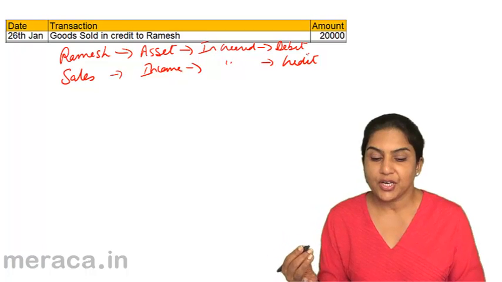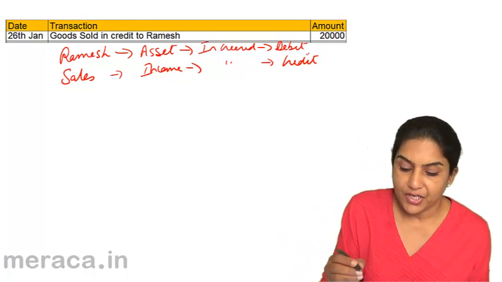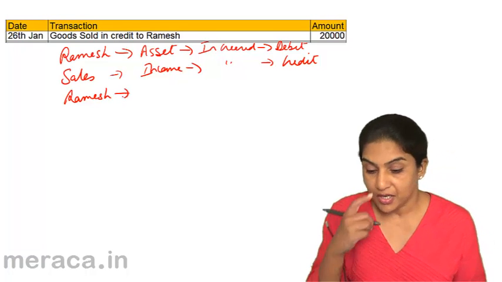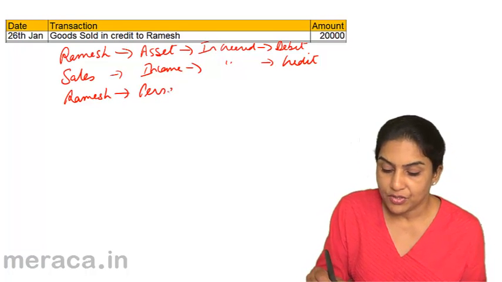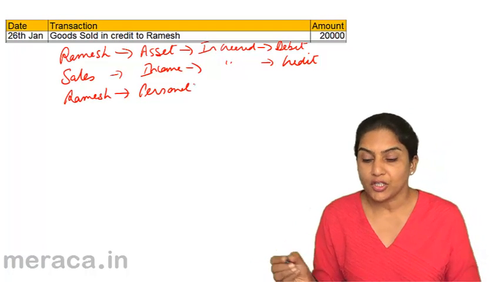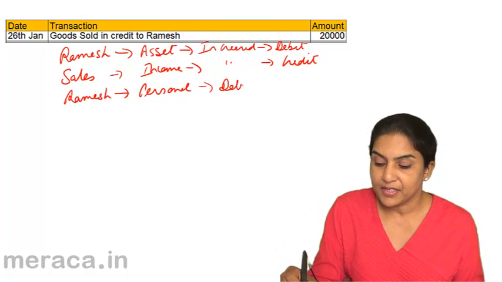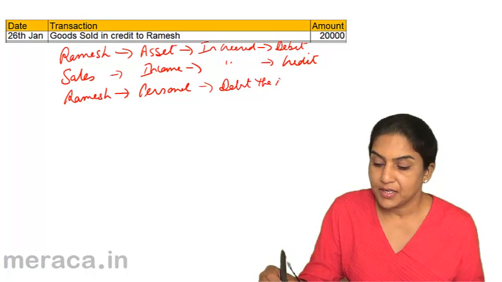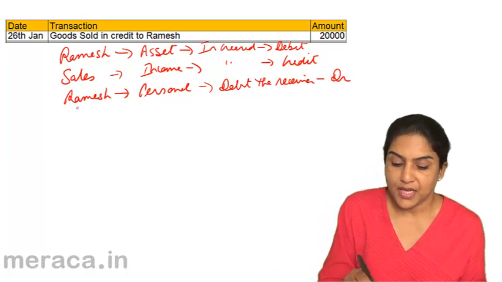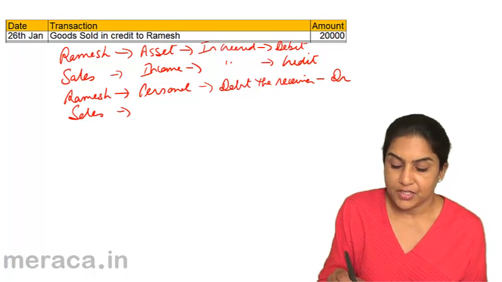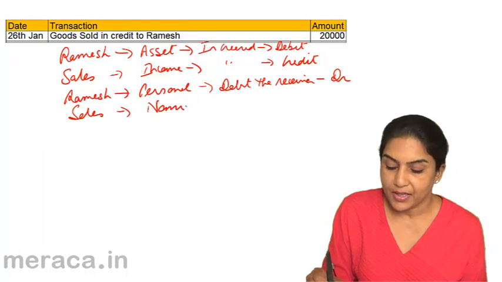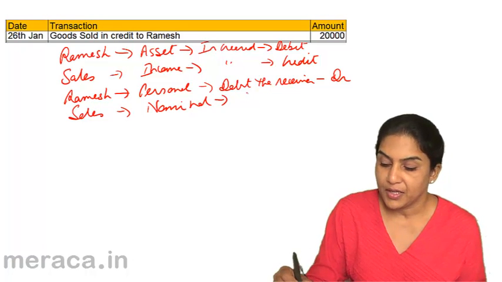If you take the traditional approach, Ramesh is a personal account. He has got the goods. Debit the receiver. So debit. Sales is nominal.